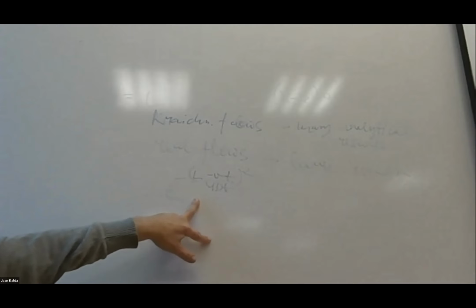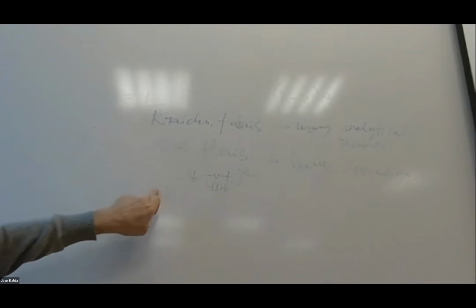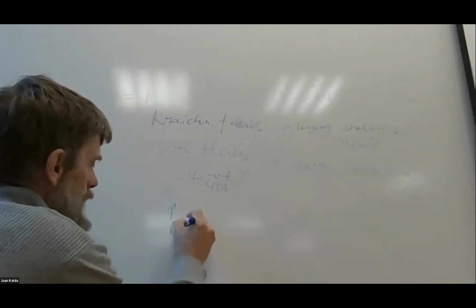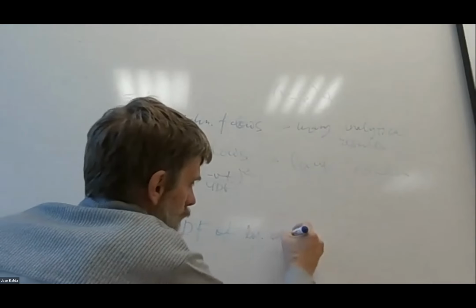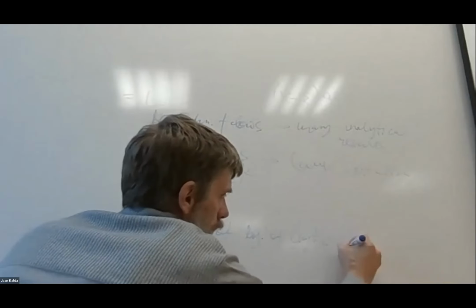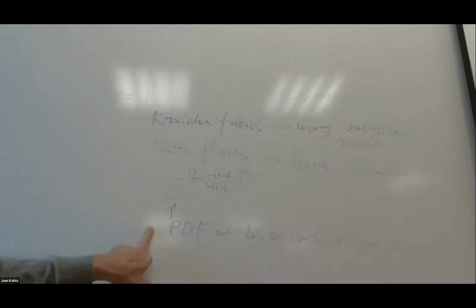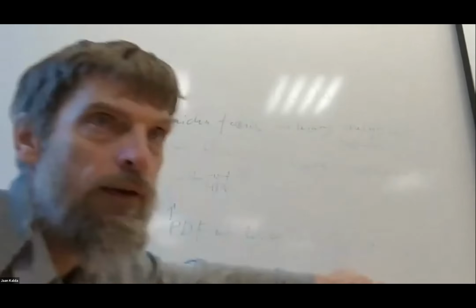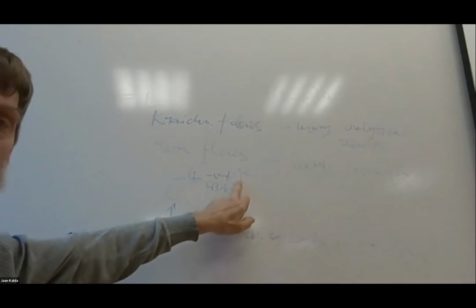I think we introduced this during the first lecture. This is how the PDF of the logarithm of lengths of material lines behaves for Batchelor flows. The logarithm of length grows linearly, which means that length itself grows exponentially.